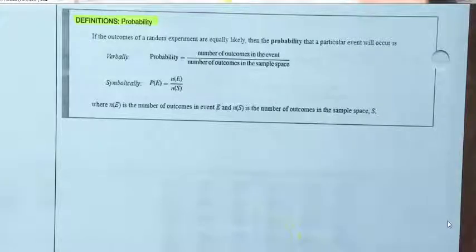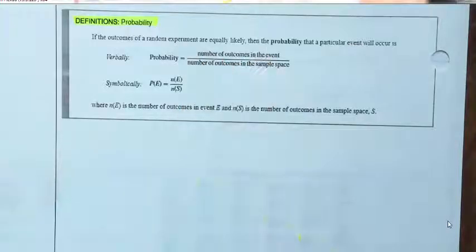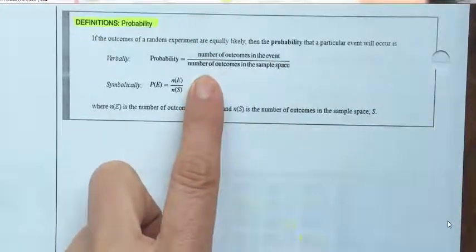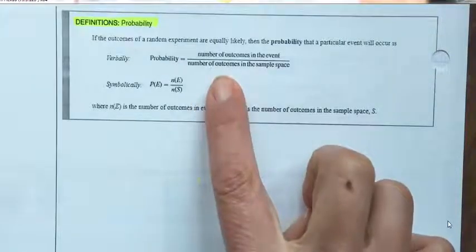Okay, so if the outcomes of a random experiment are equally likely, then the probability that a particular event will occur is, and it's really simple, the number of outcomes in the event, the favorable things, the things that you're looking for. For example, how many times our two dice roll will give us a sum of 6. For that, it was 5 times. And then the number of outcomes in the sample space, which is all the possible outcomes. The number of outcomes that we had was 36.